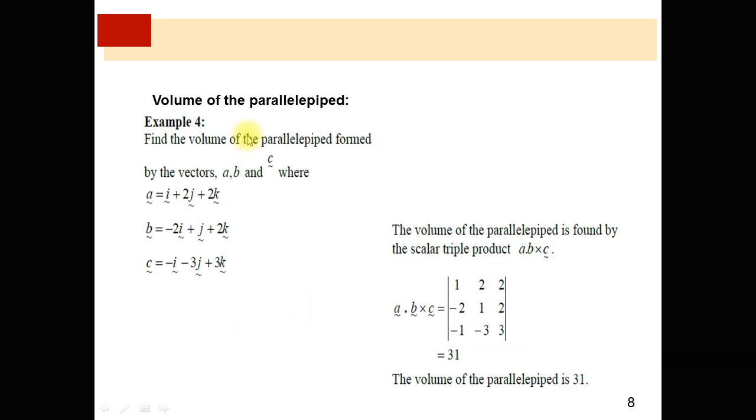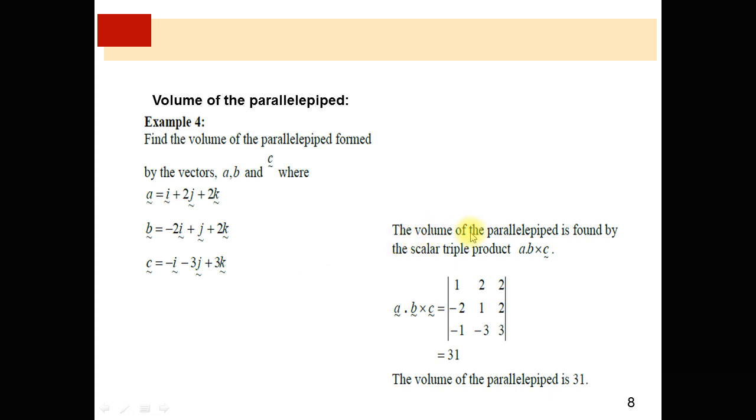Now this is the application of the scalar triple product to find the volume of the parallelepiped, and we have already discussed that the volume of the parallelepiped is determined by the scalar triple product of 3 vectors. So to find the volume of the parallelepiped formed by the vectors A, B and C, where vector A is equal to i plus 2j plus 2k, vector B is equal to minus 2i plus j plus 2k, and C is equal to minus i minus 3j plus 3k.